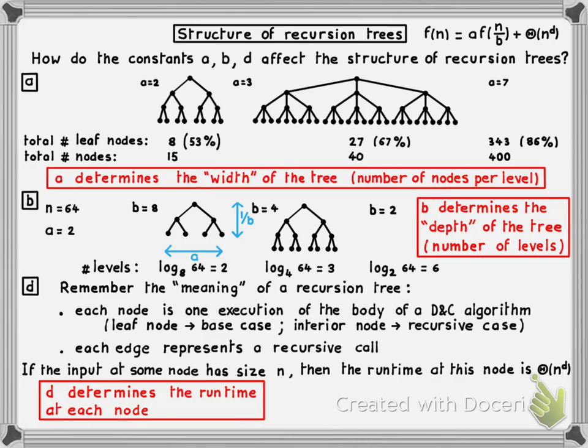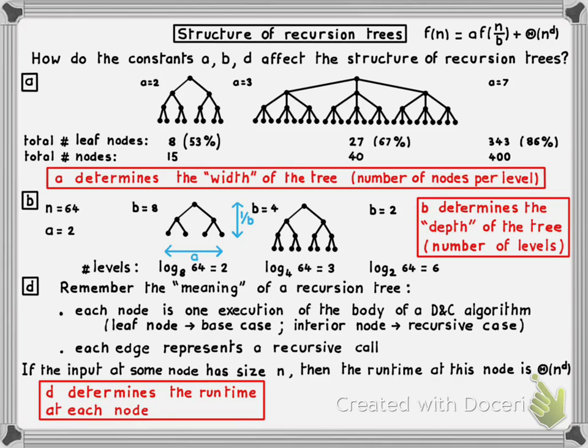And finally, the constant D determines the amount of work or the runtime at each interior node of the tree. So for example, at the root node, where the input size is n, the runtime spent at this node is on the order of n to the power d.